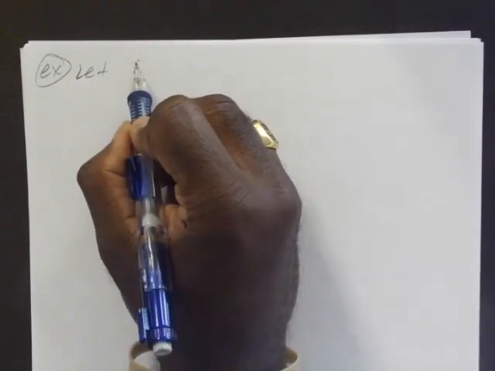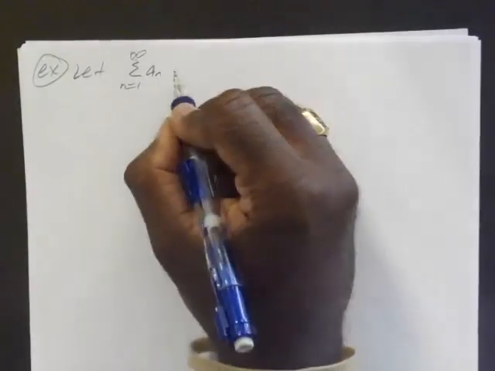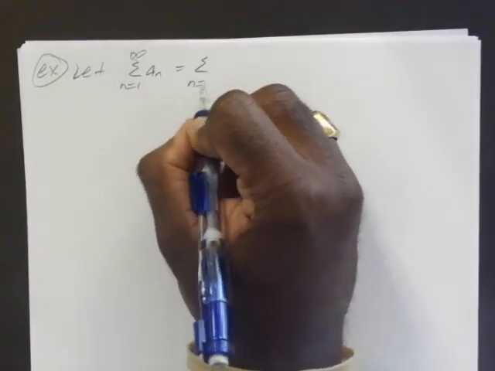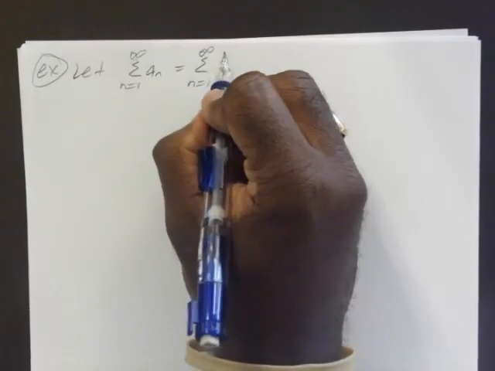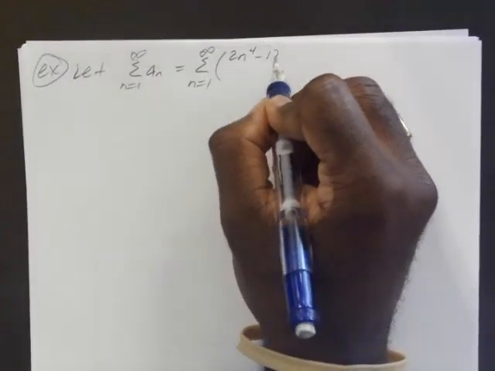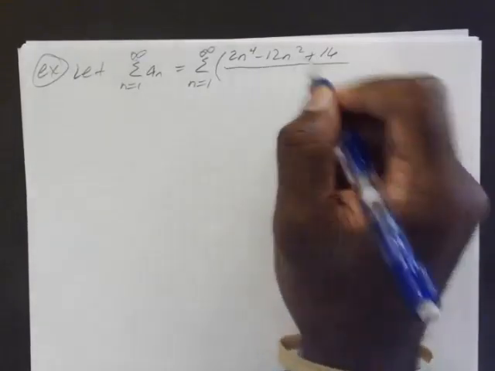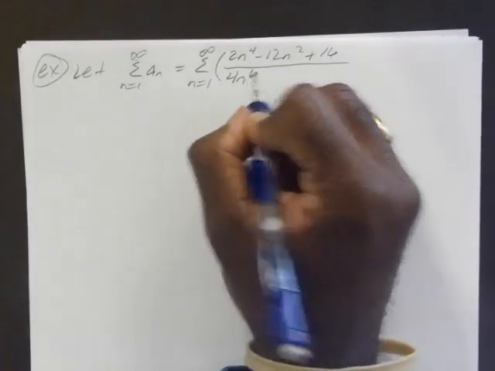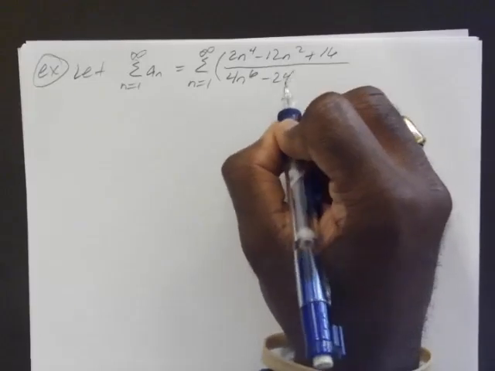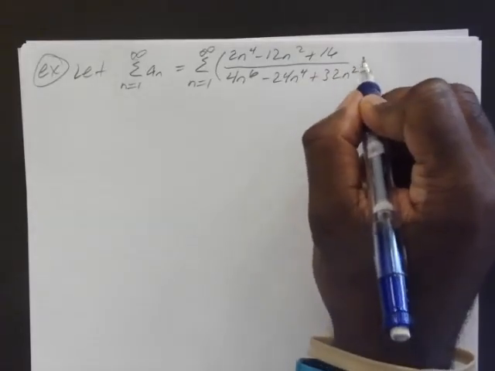Okay, so let's say, for example, if we wanted to let the sum from n equals 1 to infinity of a sub n equal the sum from n equals 1 to infinity of 2n to the 4th power minus 12n squared plus 16 divided by 4n to the 6th power minus 24n to the 4th power plus 32n squared.